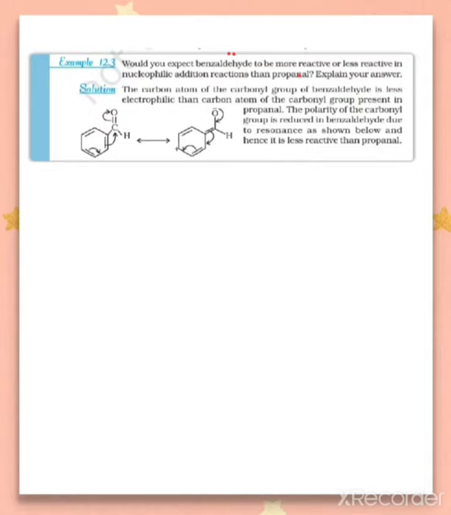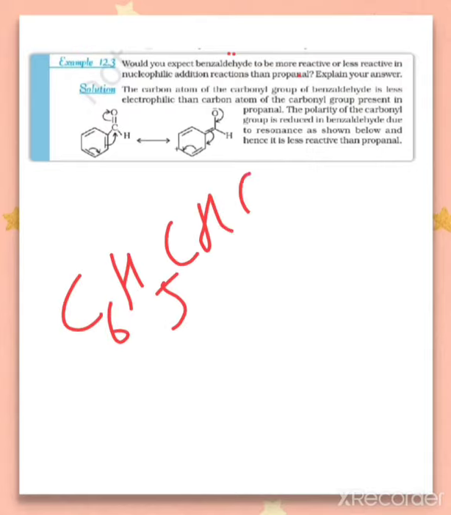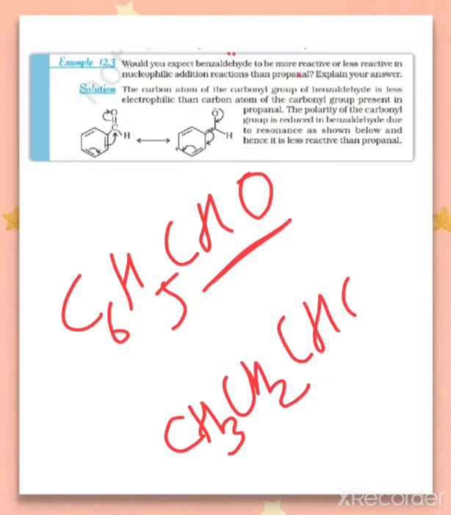Both are aldehydes, C6H5CHO and CH3CH2CHO. So what is the difference? One is aromatic and the other is aliphatic.